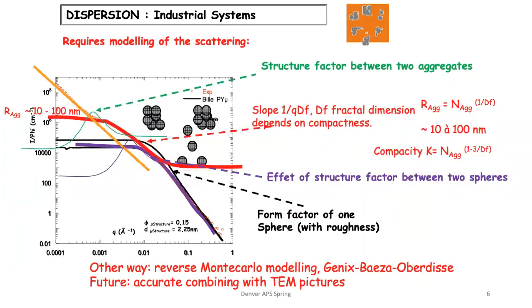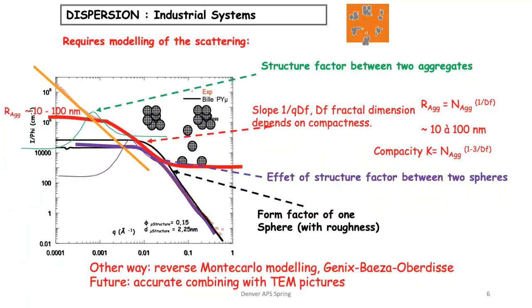Okay, so another way of accounting for this scattering is to do some reverse Monte Carlo modeling. That means you create some aggregates by Monte Carlo simulation, and you constantly readjust the result by comparison with the actual measured scattering.